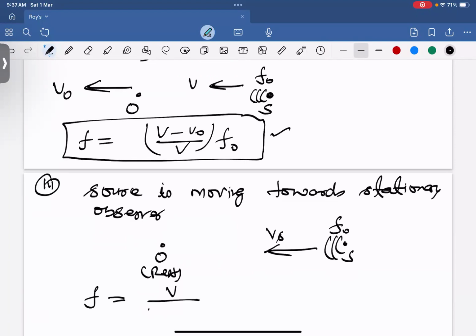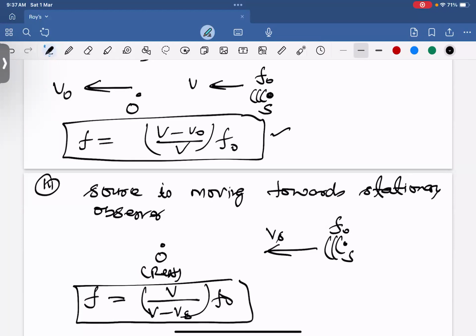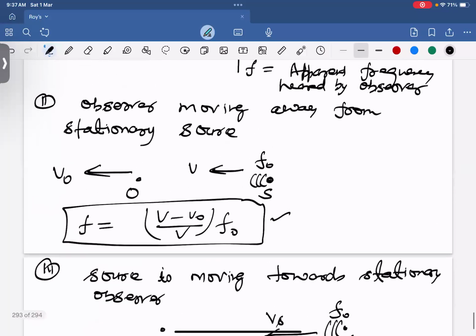Here it will be v by (v minus vs) into the actual frequency f naught. The observer effect is in the numerator, the source effect is in the denominator. Here vs is actually the velocity of source. Neil, understood? Yes, sir, understood. Okay.